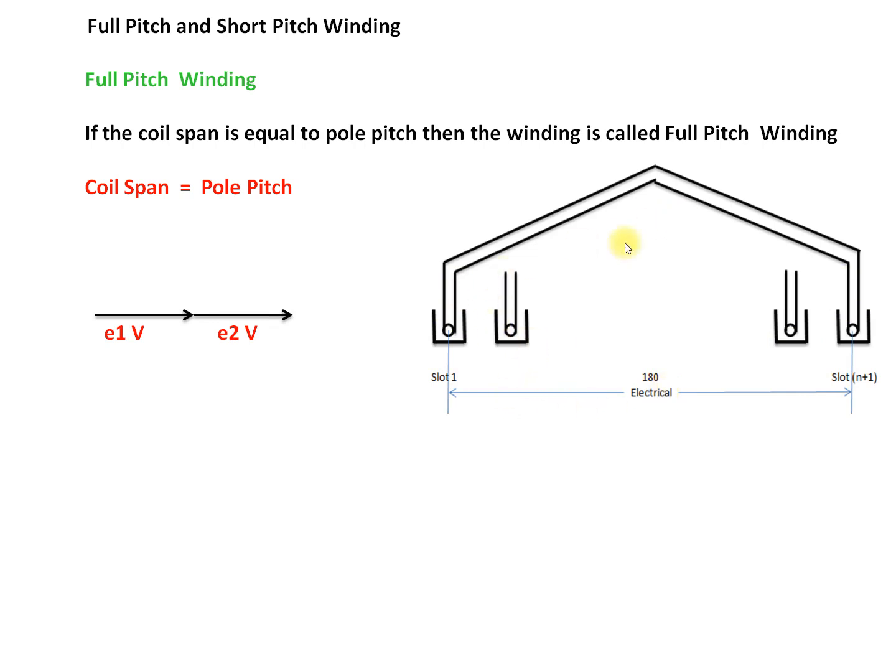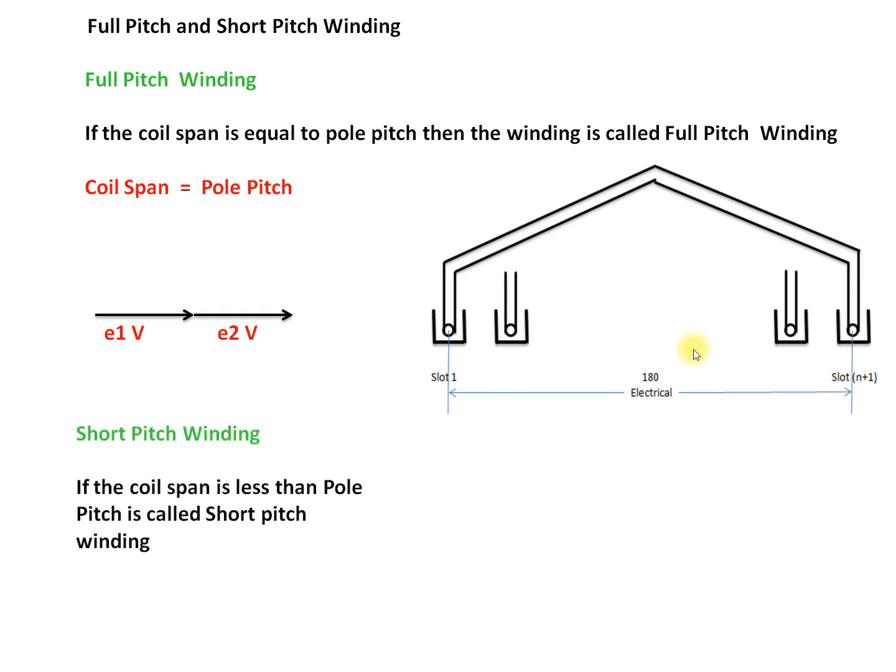Then the EMF of this coil side will be E1, and the EMF of this coil side will be E2. These two EMFs will be in phase, so that we can add up the EMFs of these coil sides, and we will have the resultant.